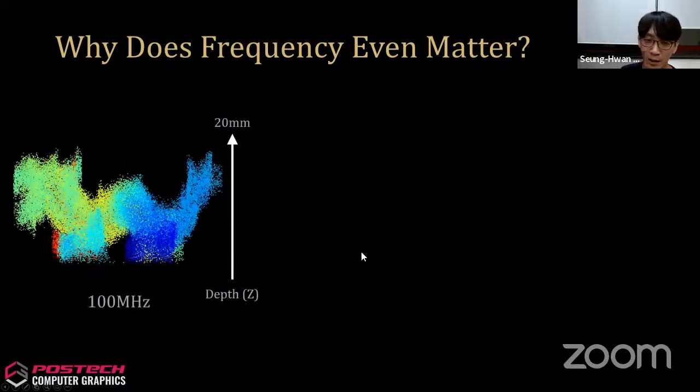Here are examples of using different modulation frequencies of the illumination. When we use a 100 megahertz modulation frequency, we can potentially estimate the dragon object to look like this.